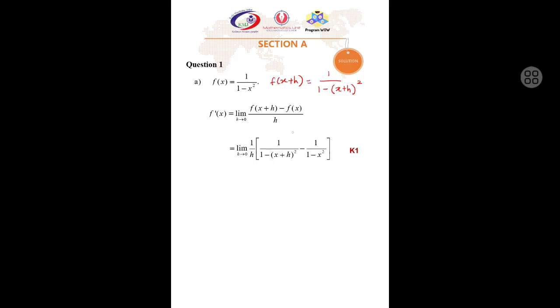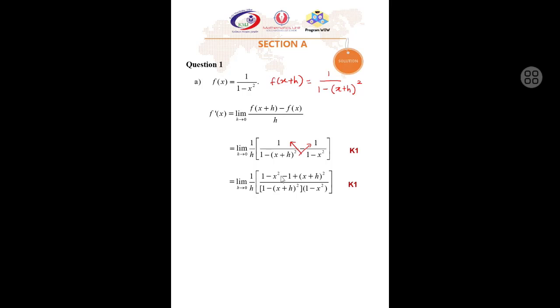So 1 minus x squared, cross multiply, you will get 1 minus x squared minus 1 plus x plus h squared, because you have a negative sign here. So negative 1 times 1 is negative 1. Negative 1 times negative x plus h squared is positive x plus h squared. And for your denominator, just multiply these two terms. So that is K1.